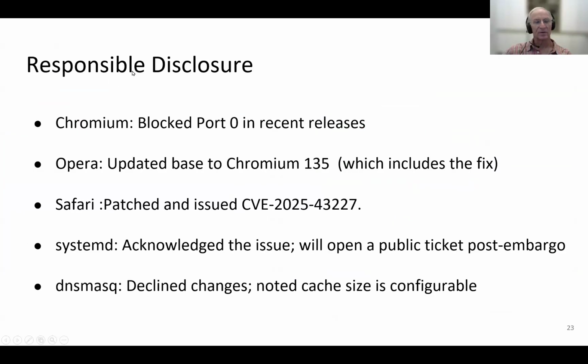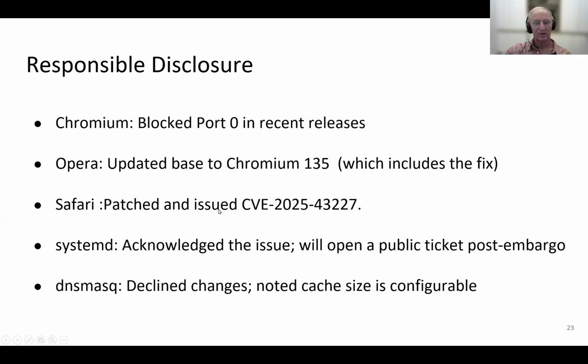We did issue a responsible disclosure. Chromium pretty quickly blocked the port 0 DNS request. Opera, for example, is another browser we attacked, but it uses Chromium as its base infrastructure, and as long as it uses the recent Chromium release, it is patched.